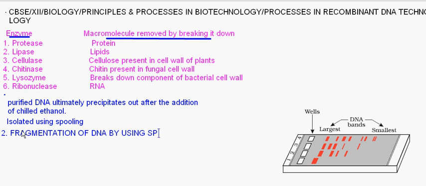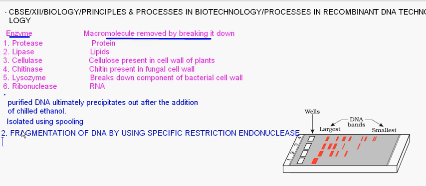As we know, restriction endonucleases are the enzymes which cut DNA in between 5' and 3' end at a specific location. This I discussed earlier, and you can see the recording also.